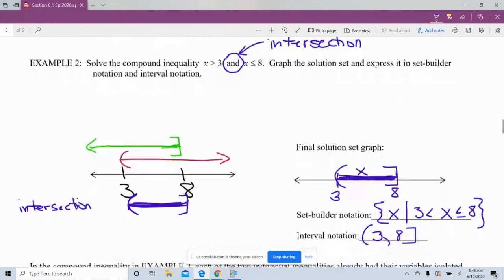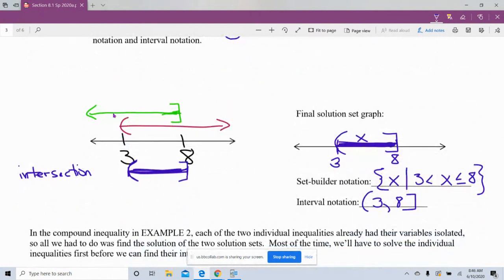So what I did, just to recap, is I graphed the 2 individual sets first, and then I looked for the numbers that are in both sets. So where does the shading overlap? Where do these 2 sets of numbers intersect? And in this case, it was between the 3 and the 8, not including the 3, but yes, including the 8.